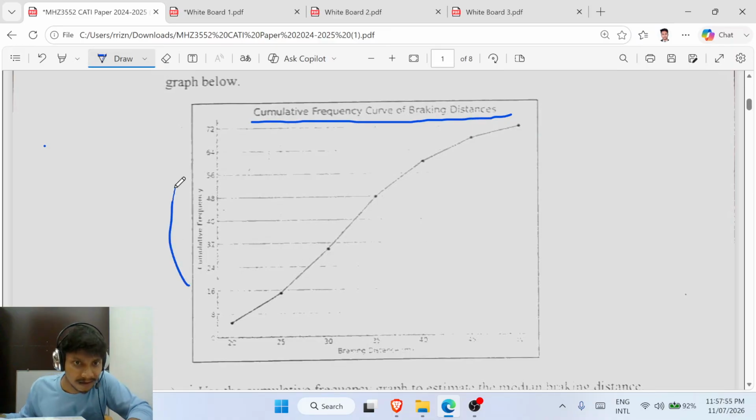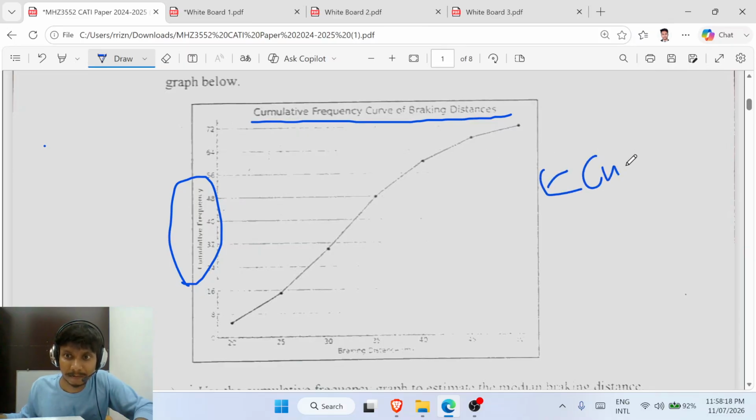This is the PDF uploaded by our lecturer, but the problem is that the PDF is not clear, so I will read it. Please watch carefully. This is the cumulative frequency graph.